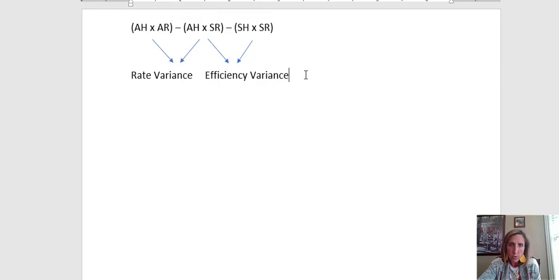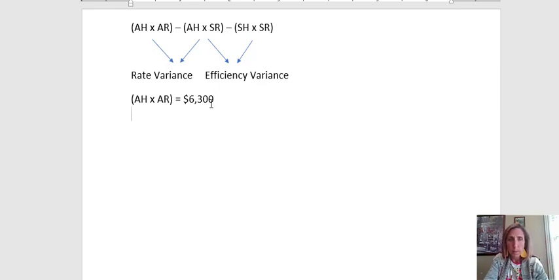What they gave you was the actual hours already multiplied by the actual rate. They're saying equals 6,300. If you want to find that actual rate per hour, you could divide the 6,300 by 700 hours, and you can find out how much they actually paid per hour.